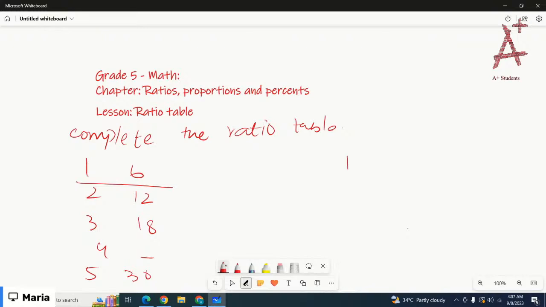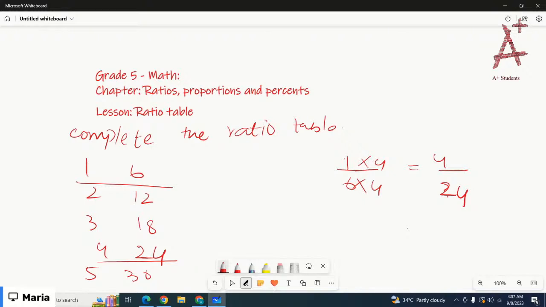It would be 1 over 6. Then the missing one is 4 divided by the missing number, right? Just look at the values given. Numerator 1 times what number is 4? 1 times 4 is 4. So you have to multiply the denominator by 4 as well, right? So 1 times 4 is 4 and 6 times 4 is 24. That means the missing value is 24, right?